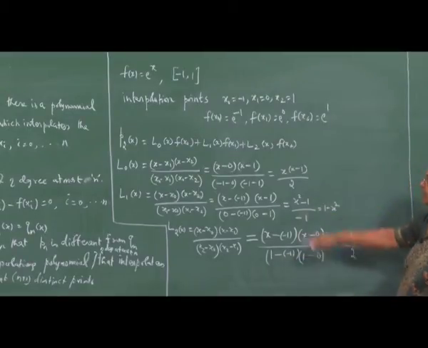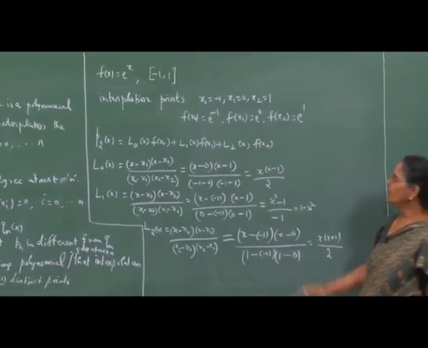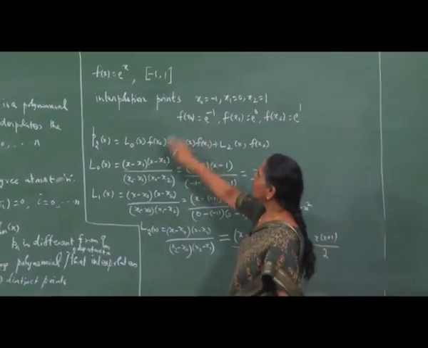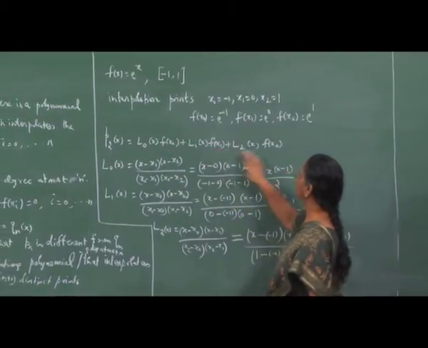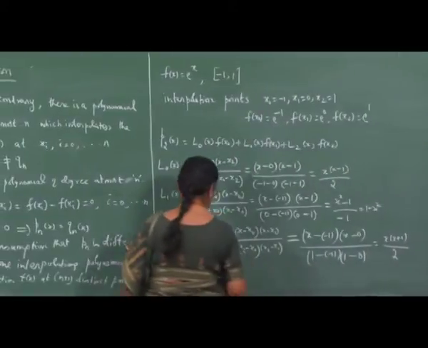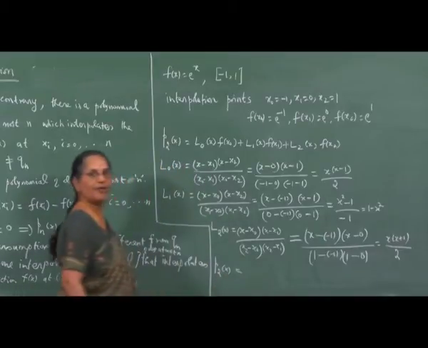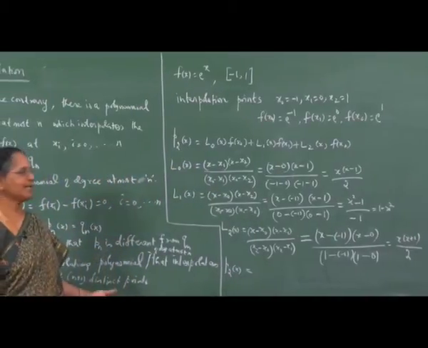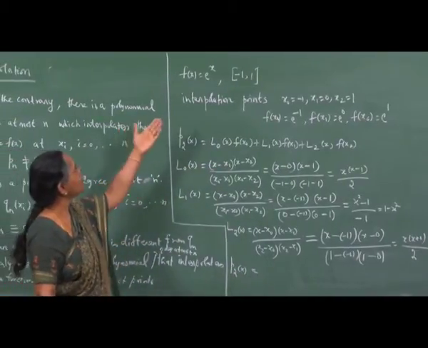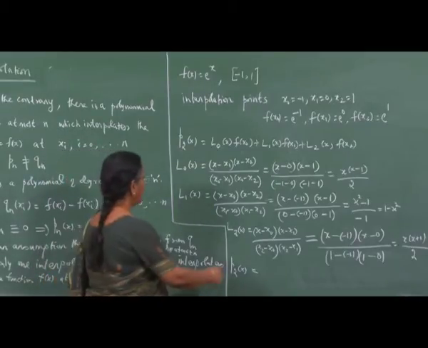So, we have determined L naught, L1 and L2. We also have knowledge of f of x naught, f of x1, f of x2. We substitute and obtain the quadratic interpolating polynomial P2 of x that approximates the given function e to the power of x in the interval -1 to 1. What is it?